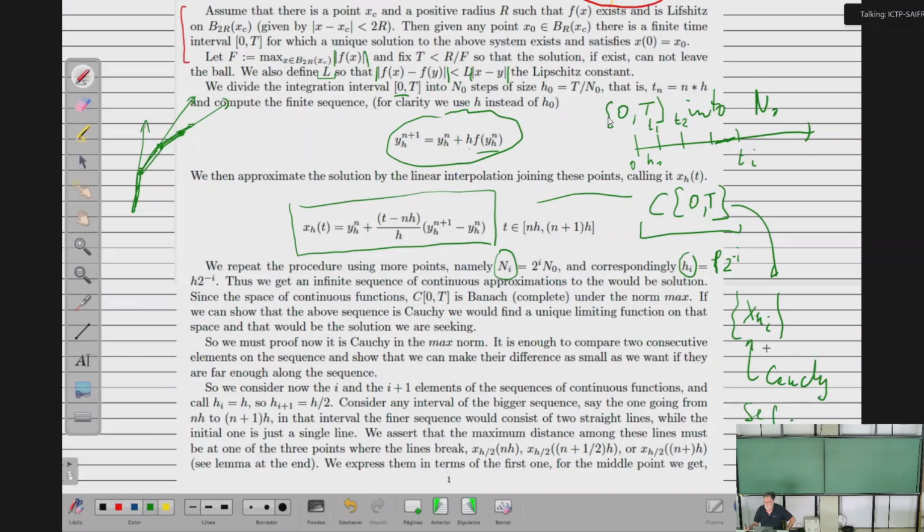Because if I can prove that, then I know that this sequence has a limit, a limit function, a limit element of C. Notice that when I get to here, I will only know that this function is continuous. I will not know that it's differentiable. So then I have to show that this function is also differentiable, so that it is a real solution of my problem.